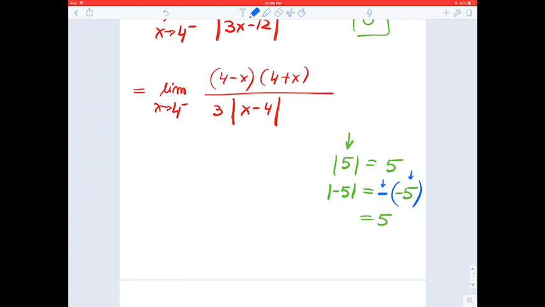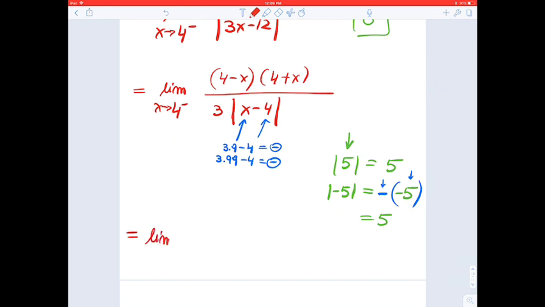Here x is 4 from the left, which is 3.9, or maybe 3.99. When I subtract 4, I am getting a negative number. That means the quantity inside is negative.